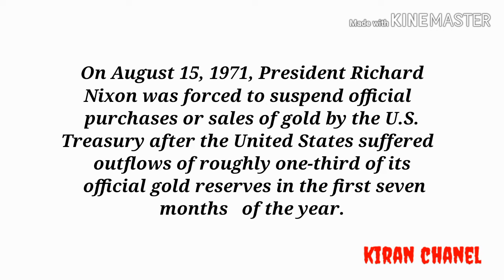On August 15, 1971, President Richard Nixon was forced to suspend official purchases or sales of gold by the U.S. Treasury after the United States suffered outflows of roughly one-third of its official gold reserves in the first 7 months of the year.